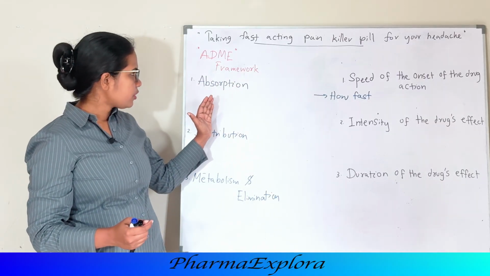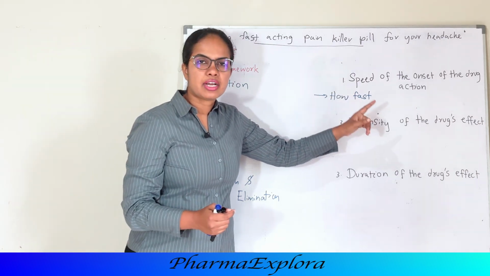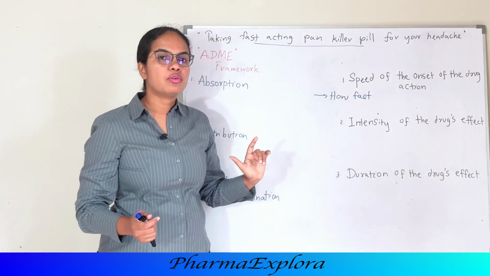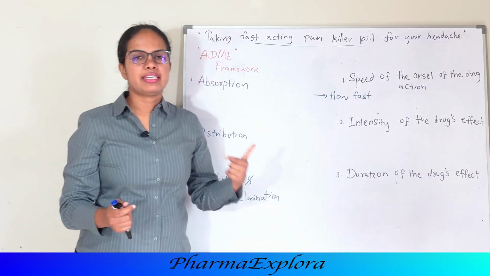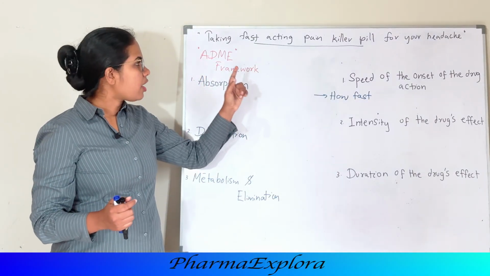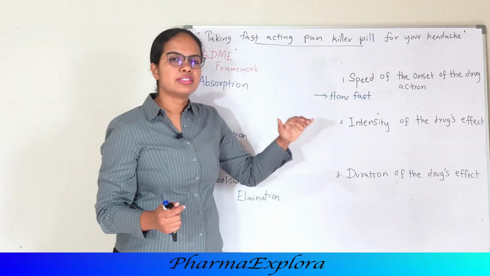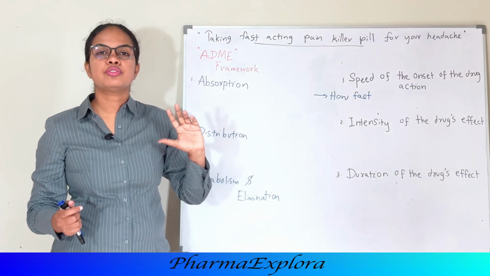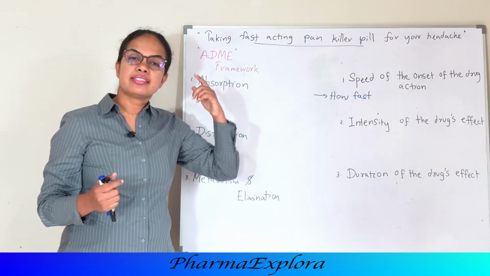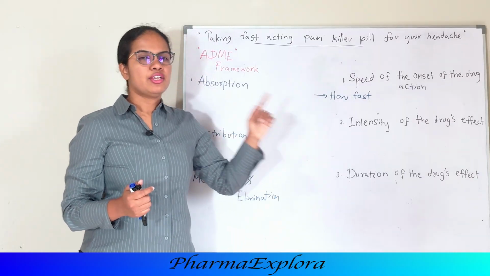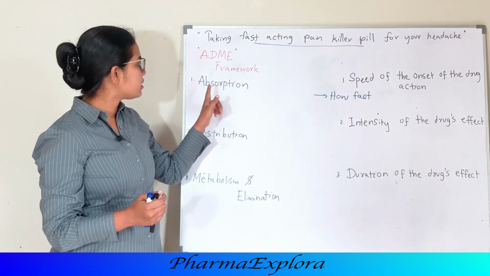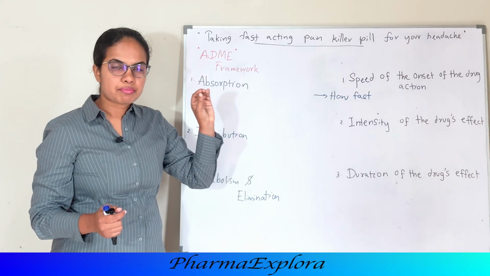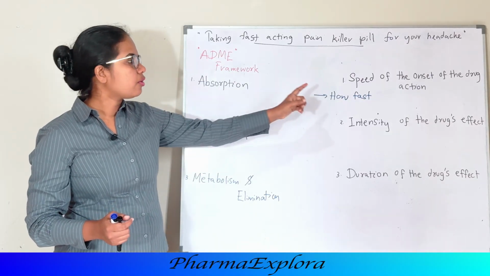Speed of the onset of the drug action means how fast or how quickly your medicine is going to work. In our example, it means how fast or how soon your headache starts to fade away.